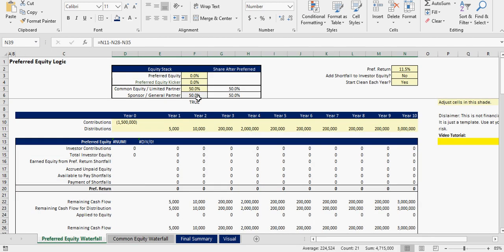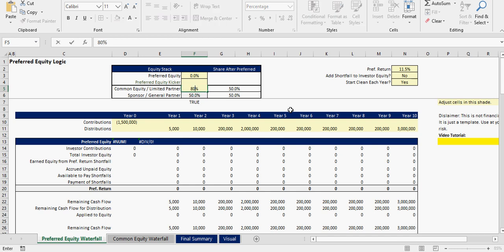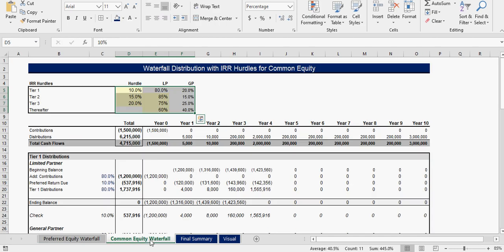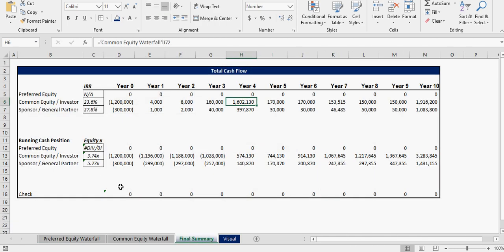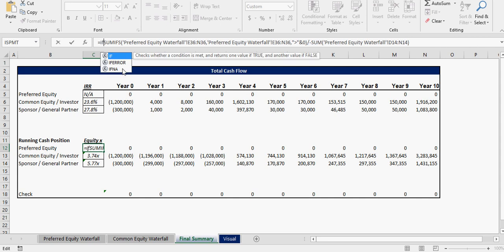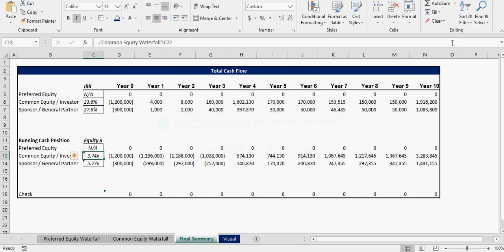And usually the limited partner is going to do a lot more capital, like it'll be 80-20 or 90-10. And this, I'll just put IFERROR here, so there's no preferred equity in existence. Give it a little NA if it doesn't exist.